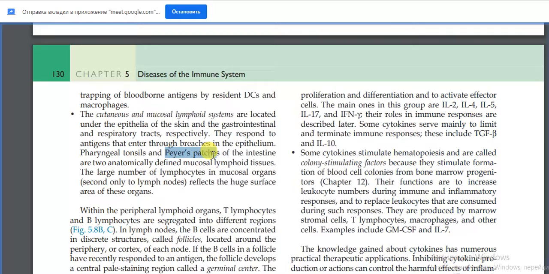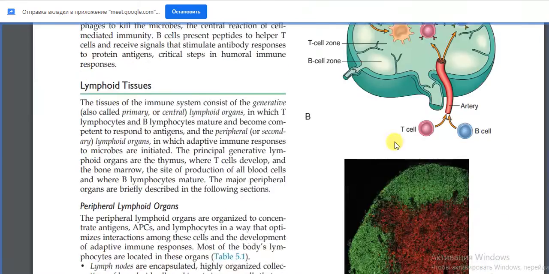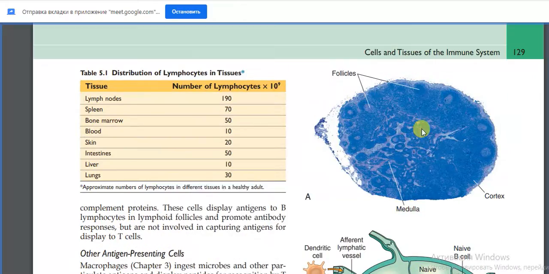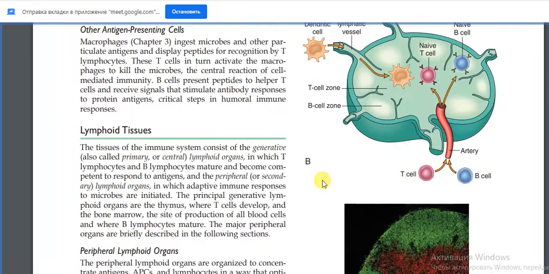I said that here we have follicles, and these follicles are also named lymph nodules. If we see follicles outside of a lymph node, they are named lymph nodules, and they are present in the digestive tract like Peyer's patches, and tonsils are very prominent lymph nodules in the oral cavity.